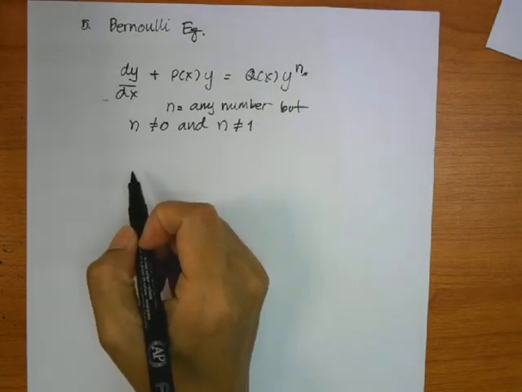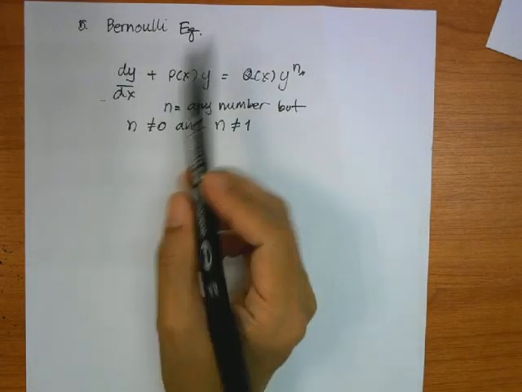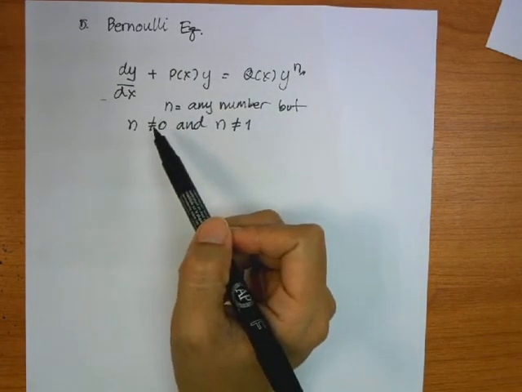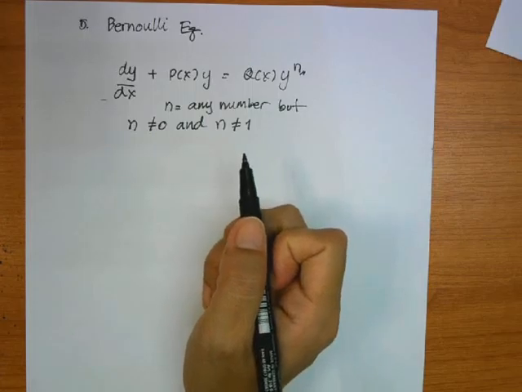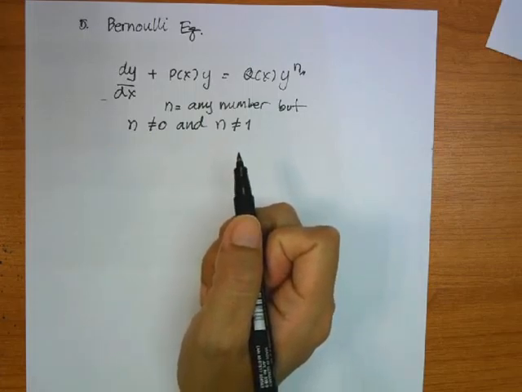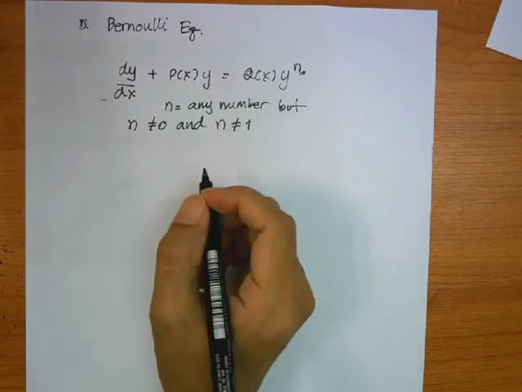So if you arrange the differential equation and then you find out that it is in the Bernoulli equation form, then the way to find the solution is just that.